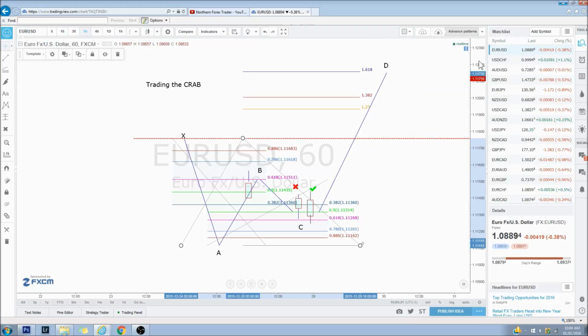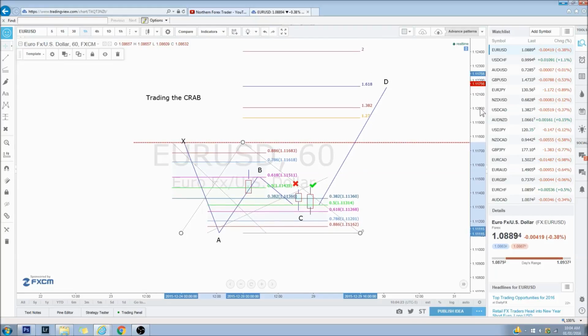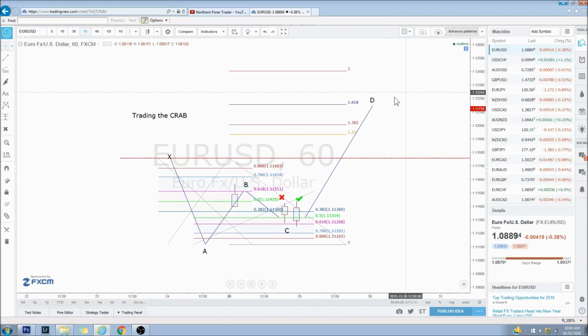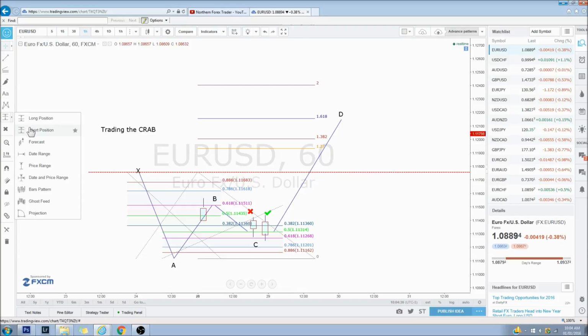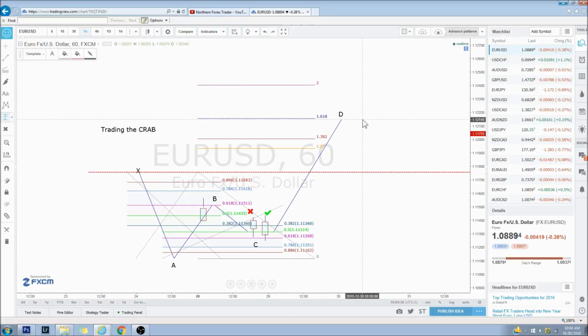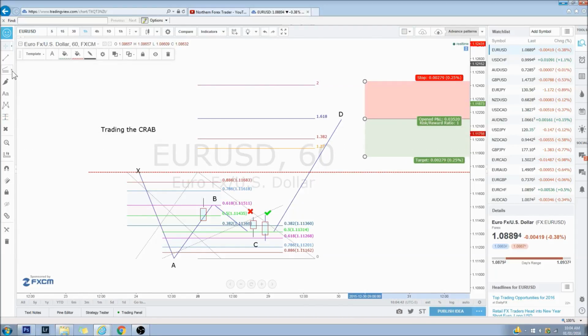So this is where we would enter. I'm going to lower this down a bit because this is where my stops are going to go, at the fib extension 200, and I will go 10 pips above that. So I will put in my entry point.